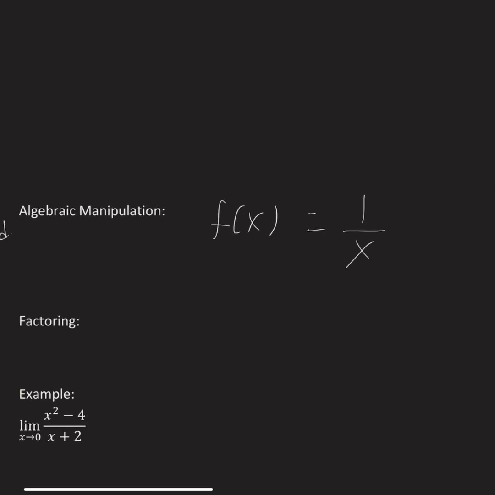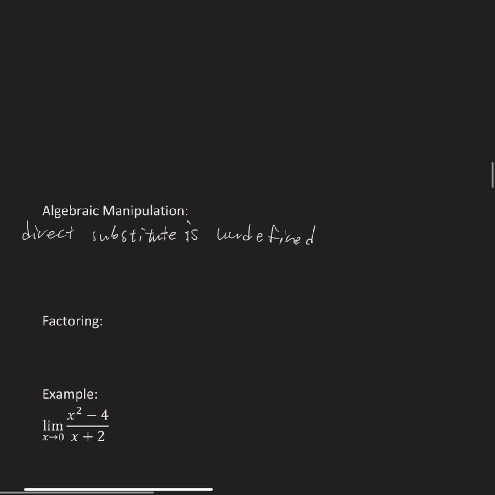So when we direct substitute and it's undefined, it might give two results. One is 0 over 0. Another one is b over 0, where b is not equal to 0.